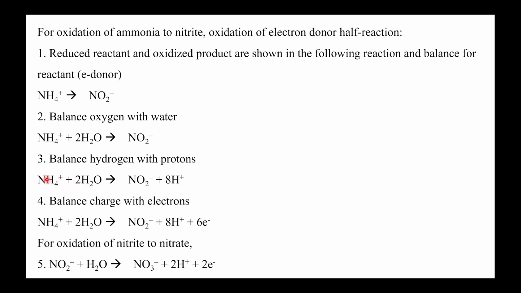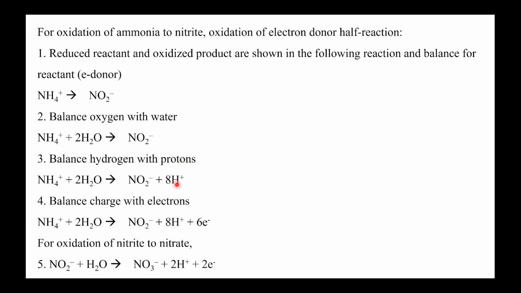On the left hand side we have +1 charge, and on the right hand side we have +8 charge from the protons and -1 charge from the nitrite. So 8 minus 1 is 7. So +7 charge on the right hand side and +1 charge on the left hand side. Now if I have to balance the charges, we need to subtract 6 from the right hand side, which has +7.